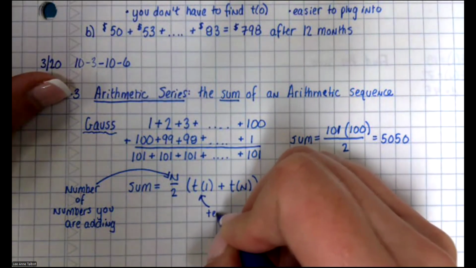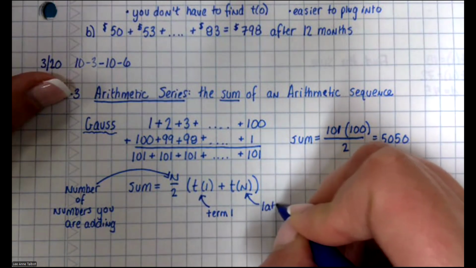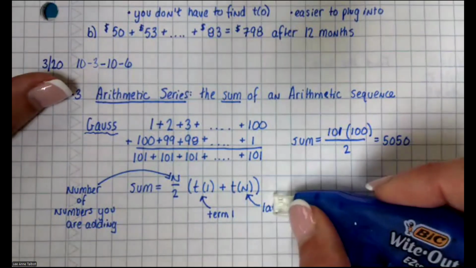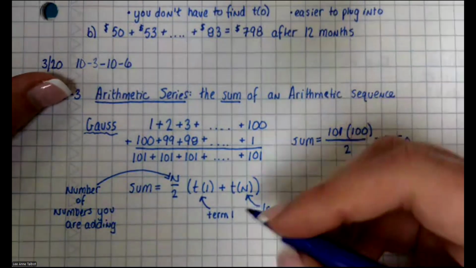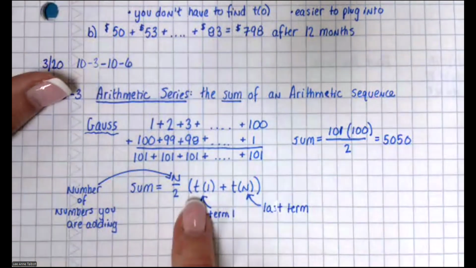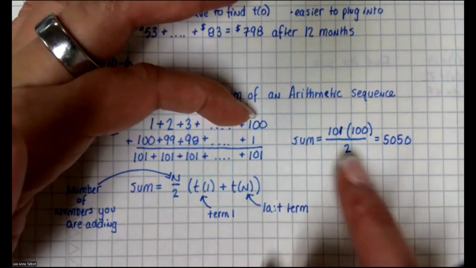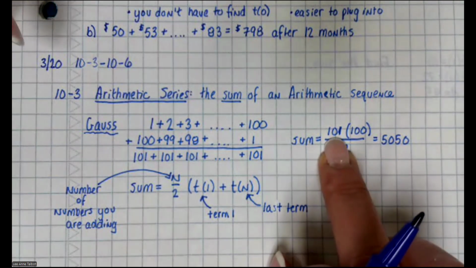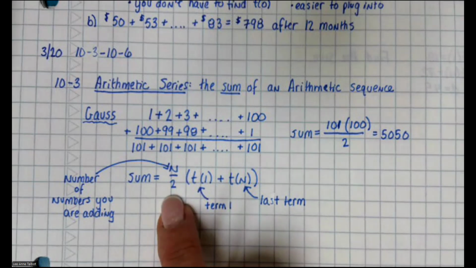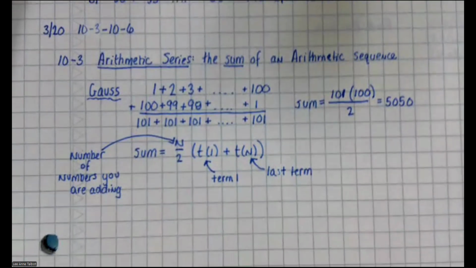This would be term 1, and this would be the last term. Term 1 being 1, and the last term being 100. When you add those together, you get the 101, which is the 101 from each column. So it's 100 divided by 2 times 101.